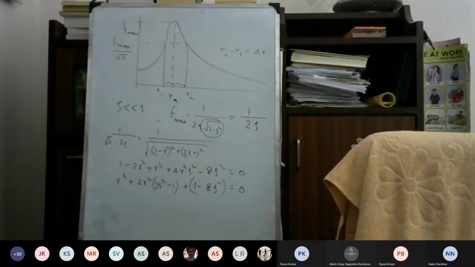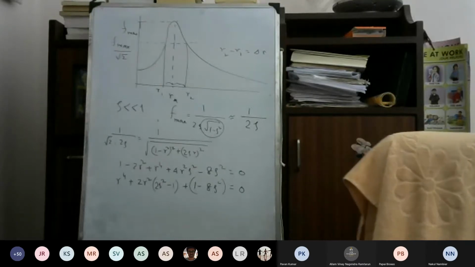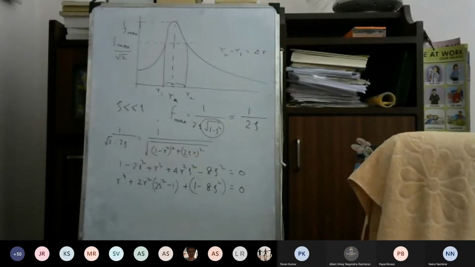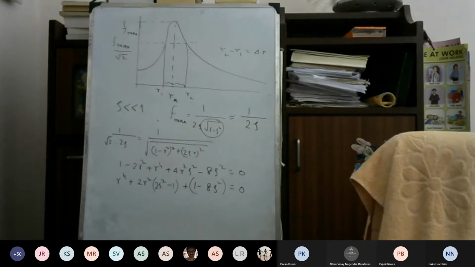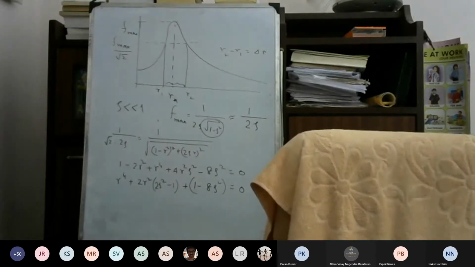Now what do we get out of this? This is 4 zeta square.